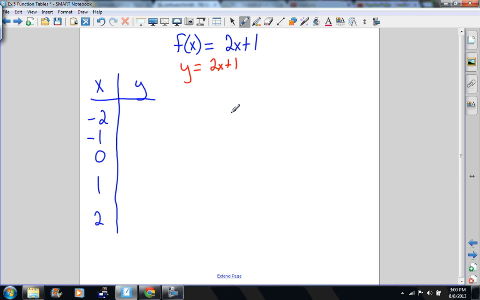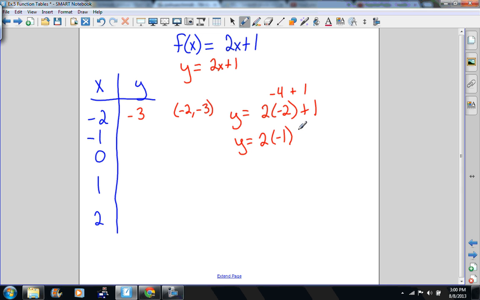So in this one, y equals 2 times -2 plus 1. Well, 2 times -2, that's -4, plus 1 is -3. Therefore, this is the ordered pair, -2, comma, -3. For this next one here, I do y equals 2 times -1 plus 1.